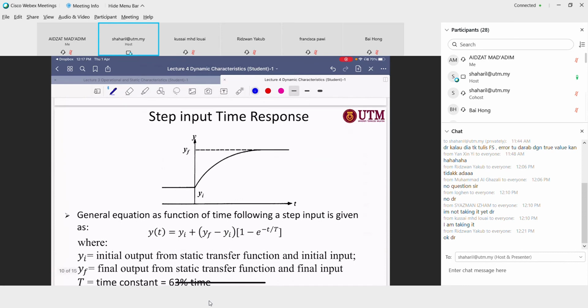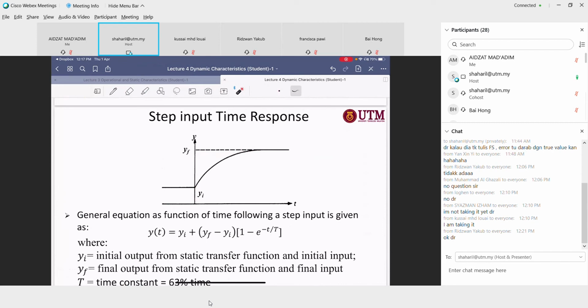In control engineering, most likely our input starts from zero. However, in instrumentation, because instrumentation tries to measure a quantity, most likely our quantity does not start from zero.